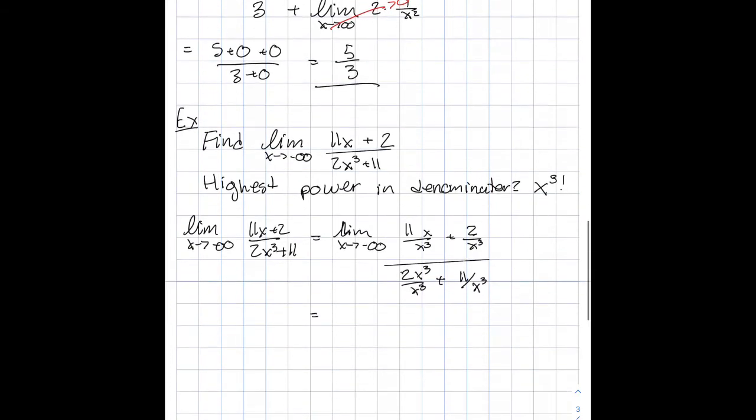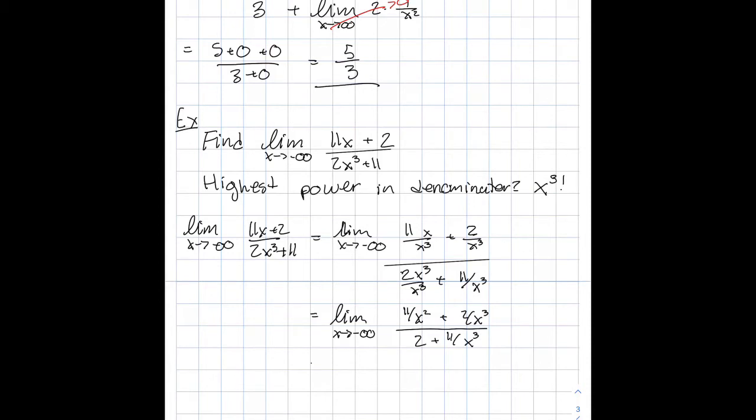We can simplify before taking the limit. Keep writing the negative infinity. 11 over x squared plus 2 over 2 plus 11 over x cubed.